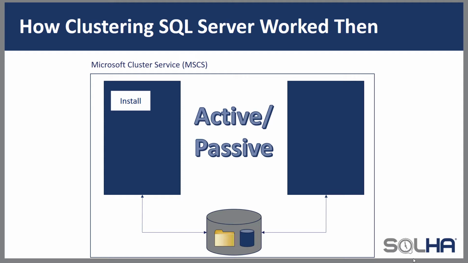If we wanted to have another installation of SQL Server, we would do the same thing on the other node of the MSCS, and that's how we got to active active. Pretty straightforward. But keep in mind, at this time, this is all we could literally have. You could never have any more than two nodes or two installations of SQL Server.